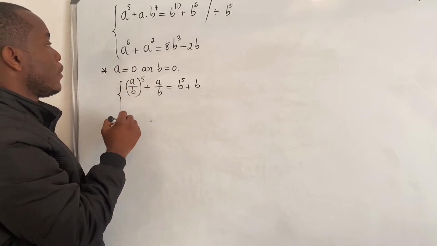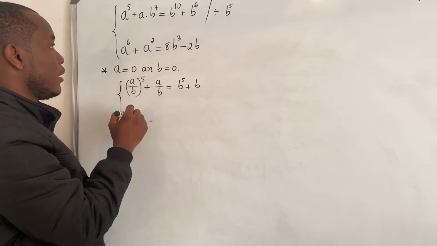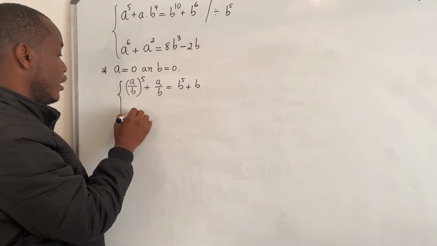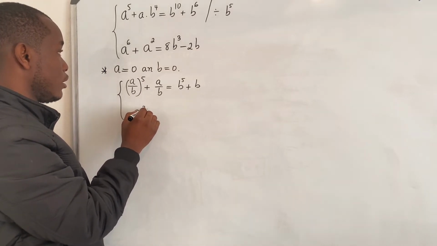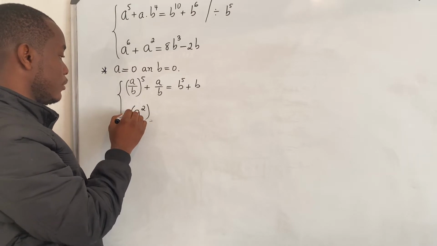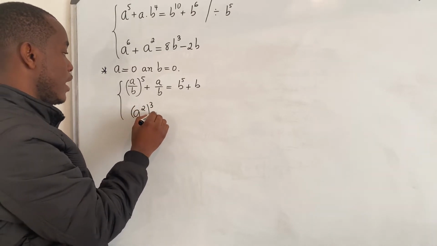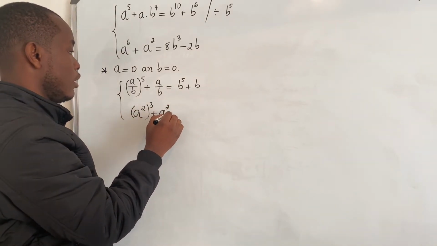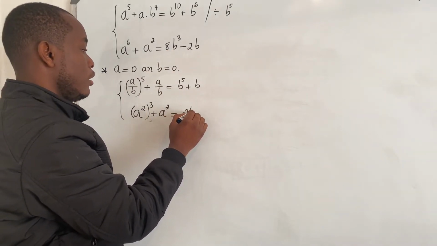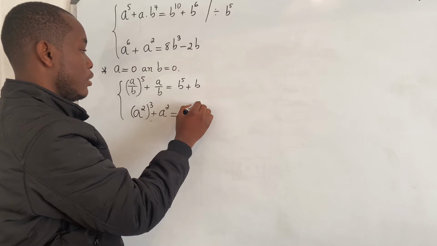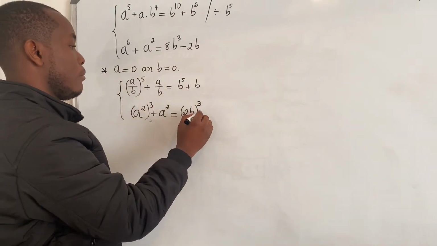Now for the second equation, we can say here it is a squared to the power 3 plus a squared equal to 2b cubed, because 2 cubed is 8, minus 2b.